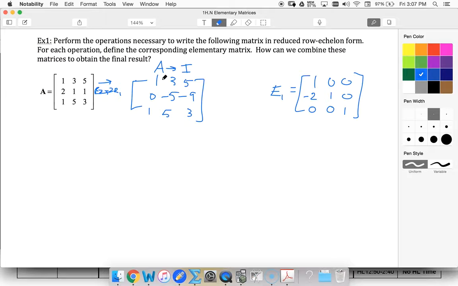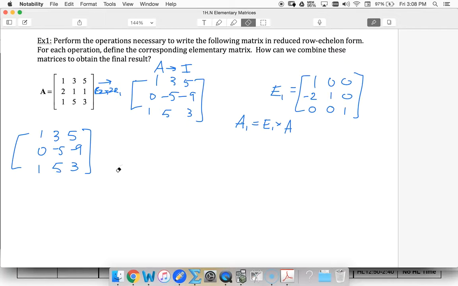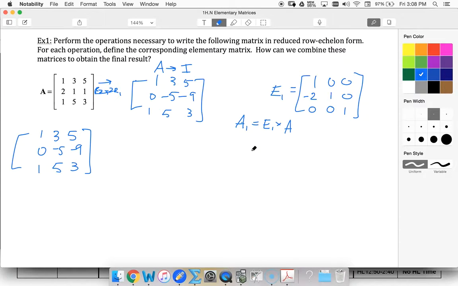So I'm going to let this matrix now be A1. So matrix A1 is E1 multiplied by matrix A. All right, so I'm going to take my A1, 1, 3, 5, 0, negative 5, negative 9, 1, 5, 3. So now I'm going to get rid of this one down here. I'm going to think about my elementary matrix over here.